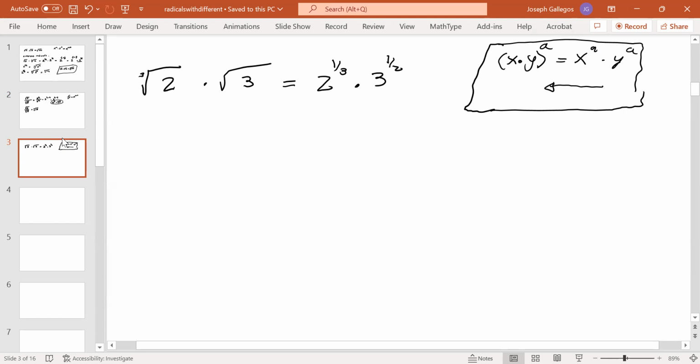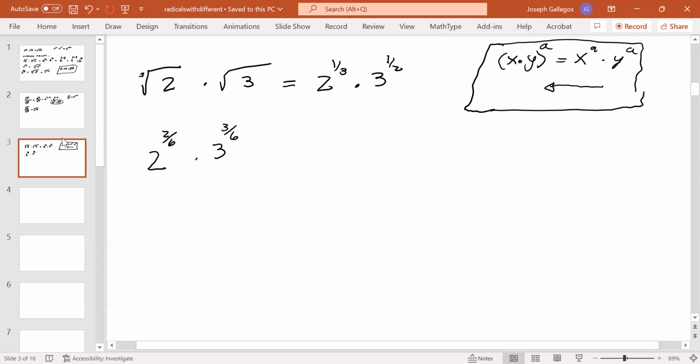And if we think about that, 2 to the 1/3 is the same as 2 to the 2/6. And 3 to the 1/2 is the same as 3 to the 3/6. Right? But now look at this property here.